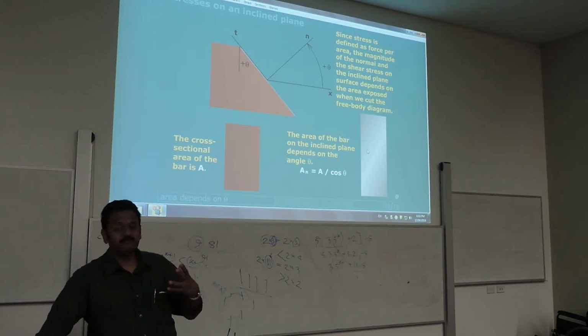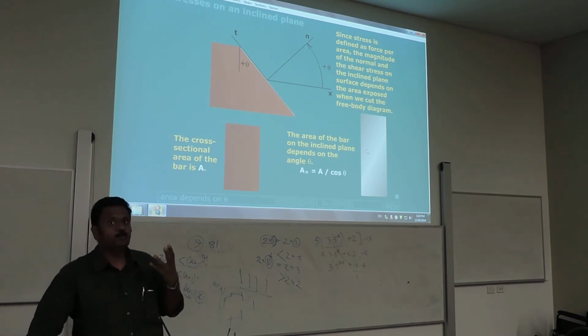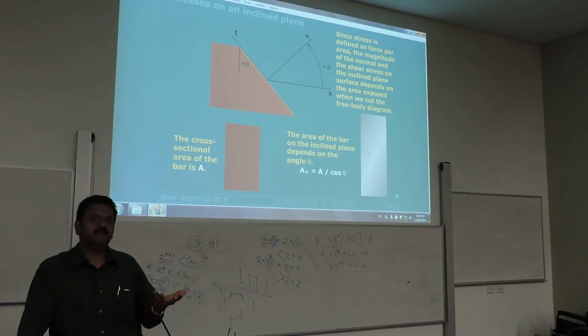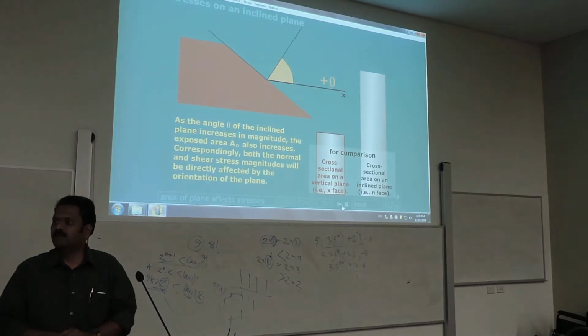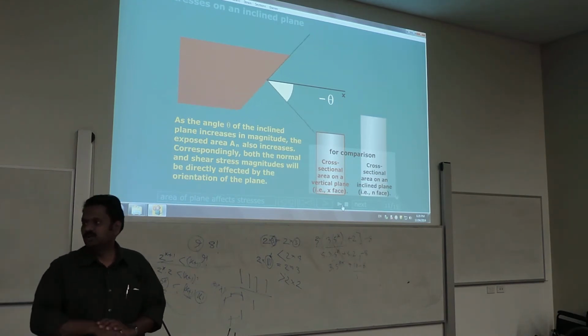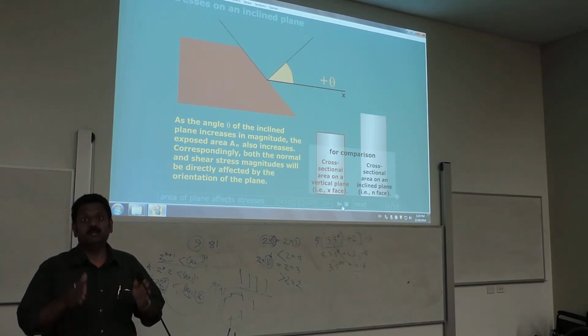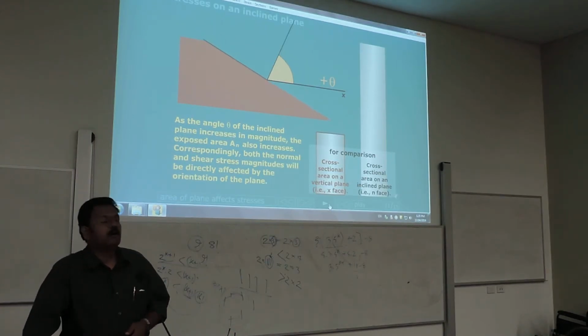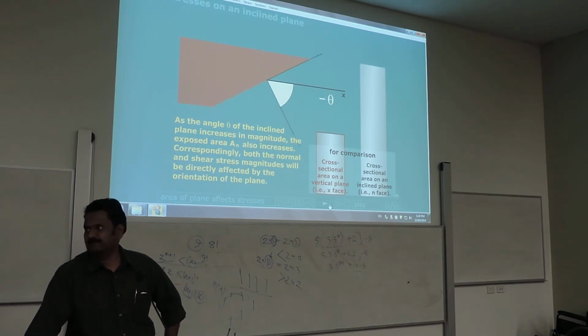So there is definitely a change in the resisting cross section, and hence we should see a corresponding change in the value of the stresses of that material when we're considering that plane. This simple animation is showing you the way that the cross section can change as compared to the normal cross section when you cut a plane anywhere else.